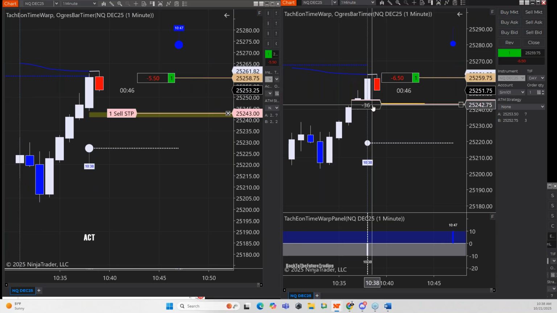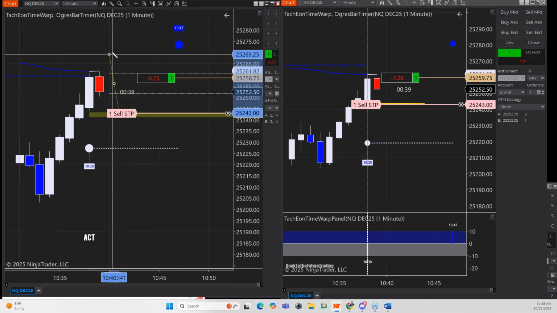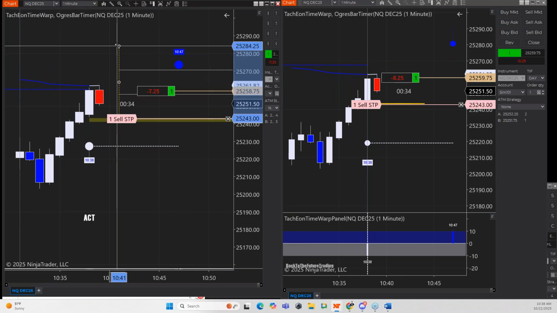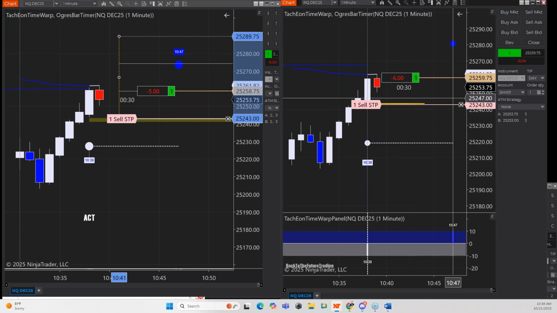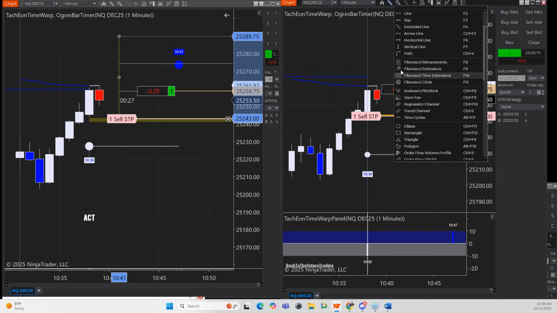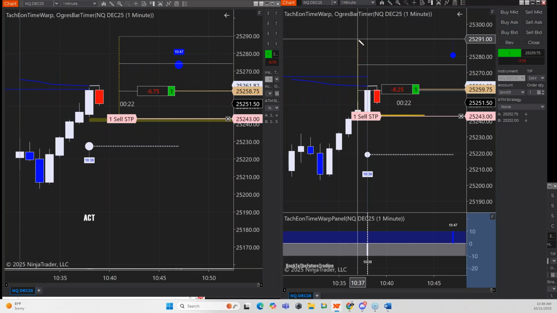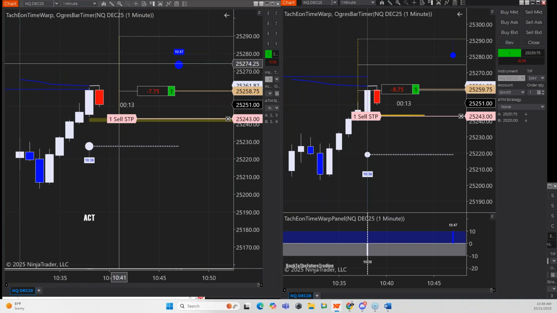Put it at 43 for each of those. Once I have that, I'm looking for a 1-to-1 RR. No guarantee either of these trades will work. We're looking at statistics and probabilities as opposed to certainties. The time is what drives this. This is a time historically where moves typically go higher.